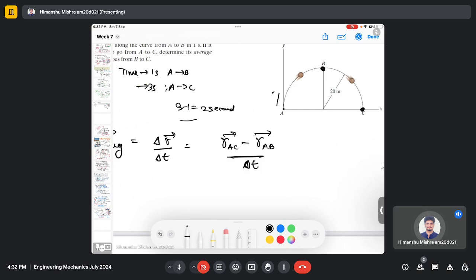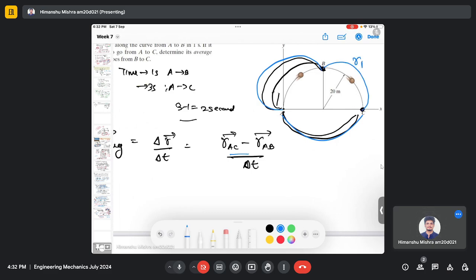We have already been given the time from A to C and A to B. So I can first write the position vector from A to C, and then I can write the position vector from A to B. You can see the difference of these position vectors is basically the position vector BC.